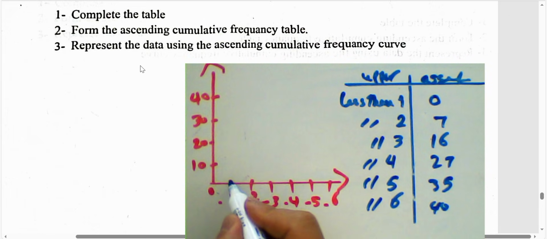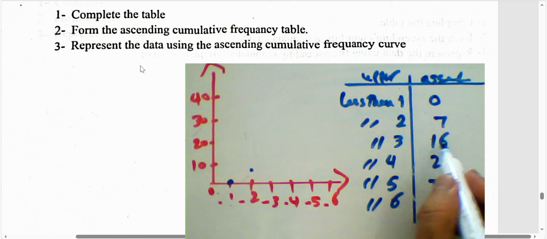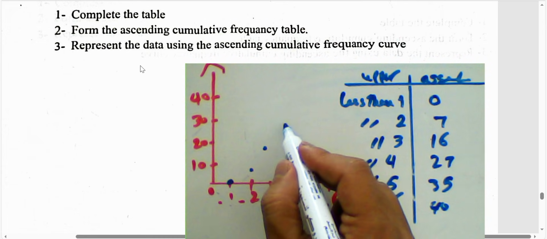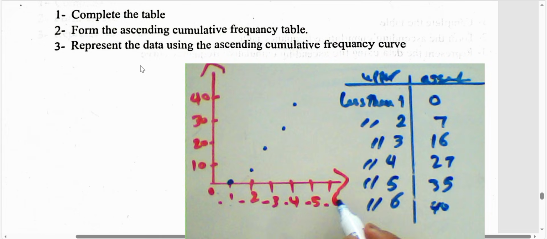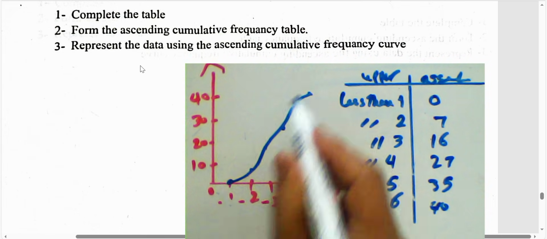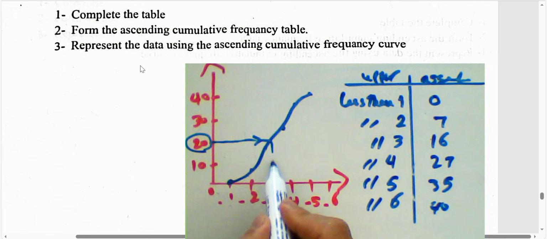This is then 1 to 0, 2 to 7, 3 to 16, 4 to 27, 5 to 35, 6 to 40. If you want to find the median, going from 20 to the intersection here and then drop to 3, the median is 3, okay?